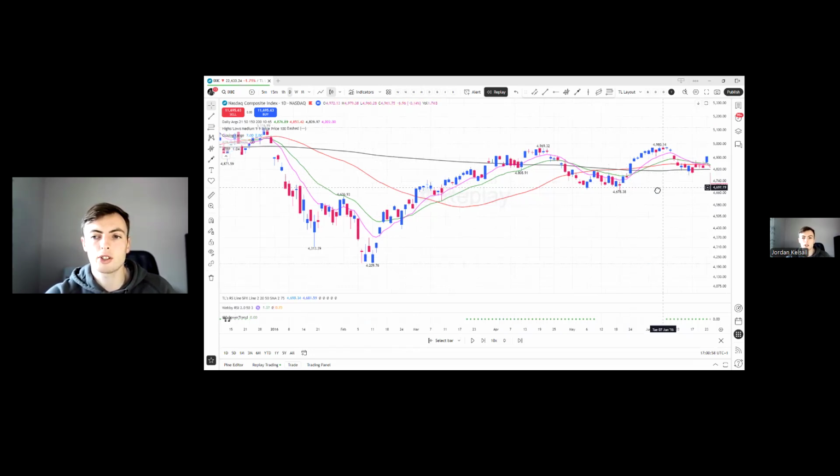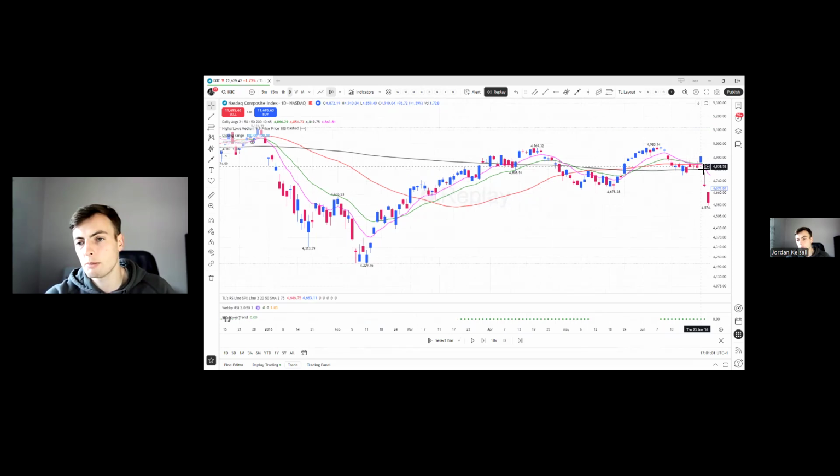But you can see it gets choppy in here. So I believe this was the Brexit vote. June 23rd. Yeah, it was on June 23rd and it would have come out overnight, I believe.